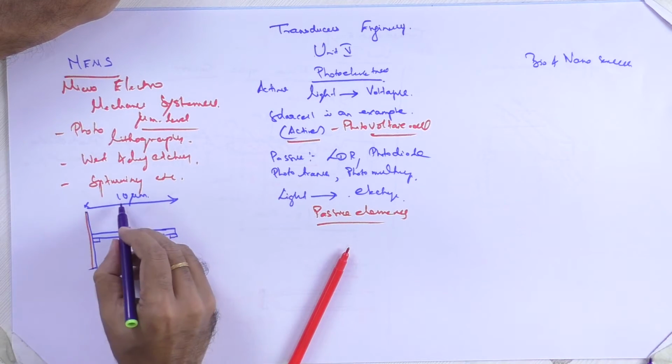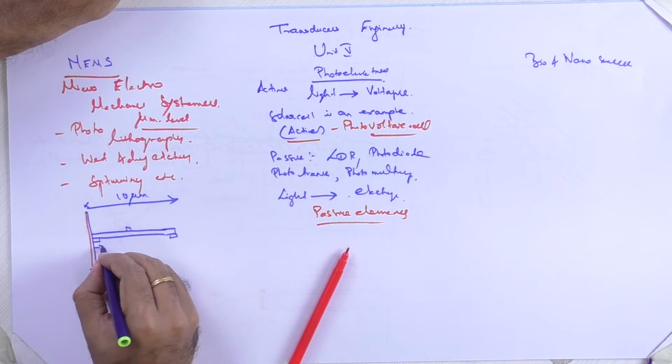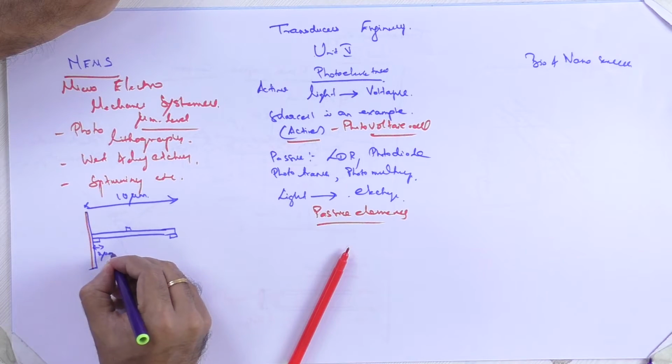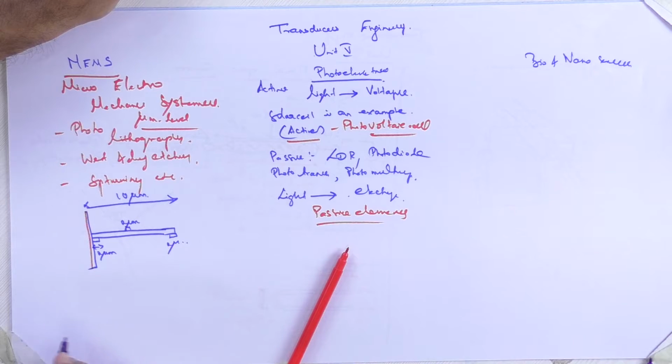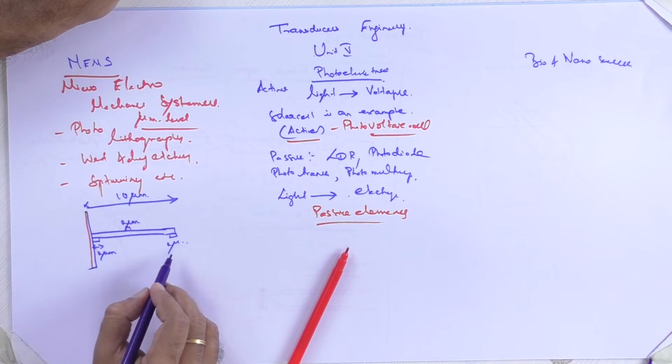If the beam is 10 micrometers, the strain gauges will be only 2 micrometers, to measure the stress and strain of this cantilever beam.